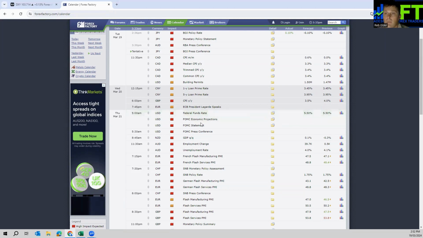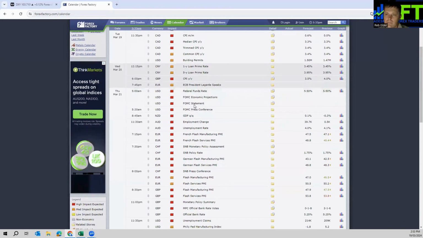Then we've got FOMC economic projections and a statement from the FOMC plus the press conference. So that half an hour to an hour period is going to be super volatile for all the USD pairs. So just be aware that that is coming this week.